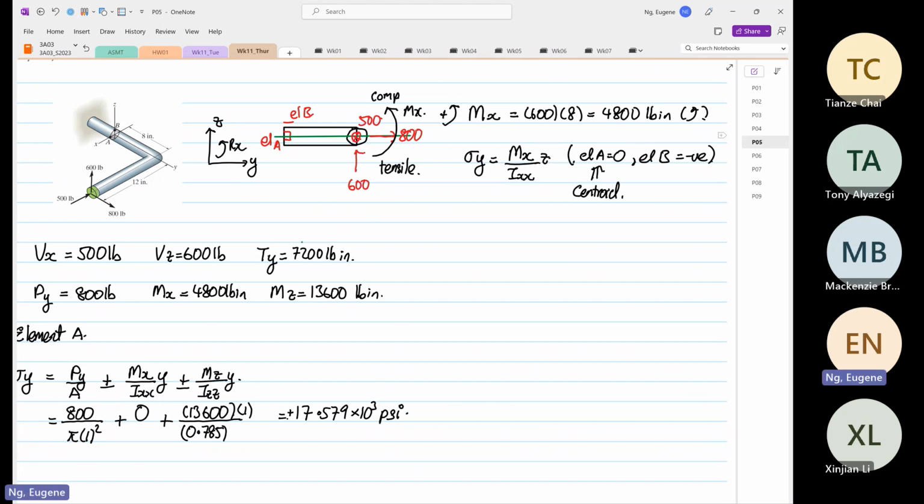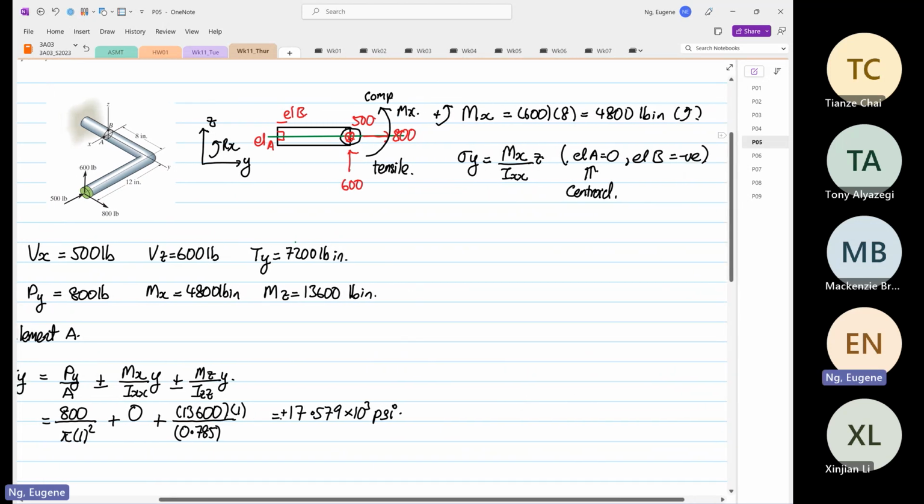So 800 divided by pi, plus 13600 divided by 0.785 is 17.579. So that is one of our stress values. This is for element A.